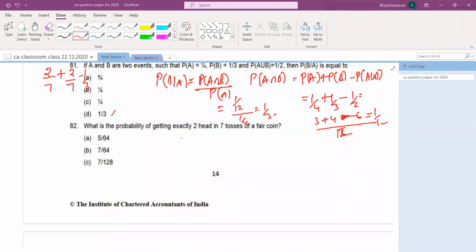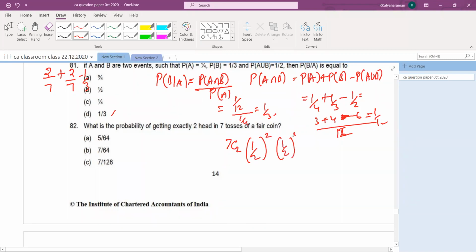What is the probability of getting exactly 2 heads in 7 tosses of a fair coin? So exactly 2 heads. Okay. So exactly 2 heads is 7C2. Out of 7, 2 heads. For getting 1 head, the probability is 1 by 2, power 2.